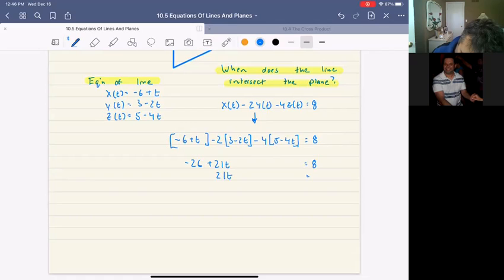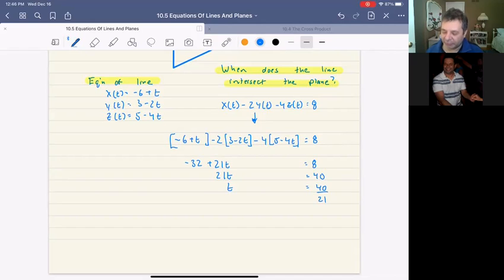Let me just make sure, I feel like I messed something up. -6, -6, -12. Minus 20, that's minus 32. I just knew because I knew the answer from before. So 21t is 40, so t is 40 over 21.